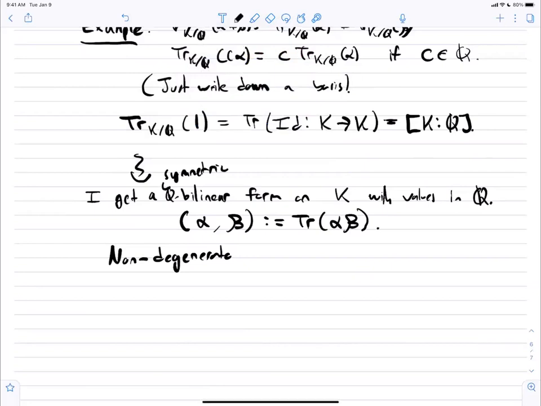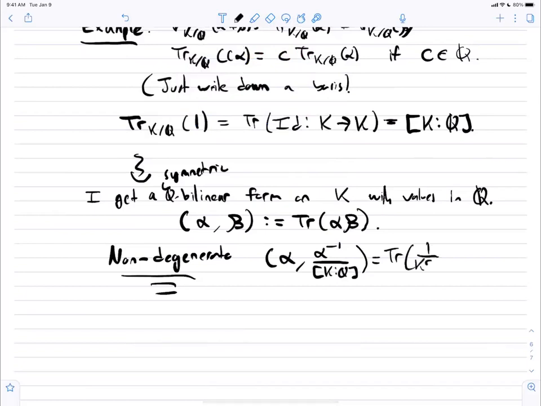So it's non-degenerate. This is the key part, because I take alpha times alpha inverse over the degree of the extension. This is just the trace of 1 over the degree of the extension, which is 1 over the degree of the extension times the degree of K over Q, which is equal to 1.